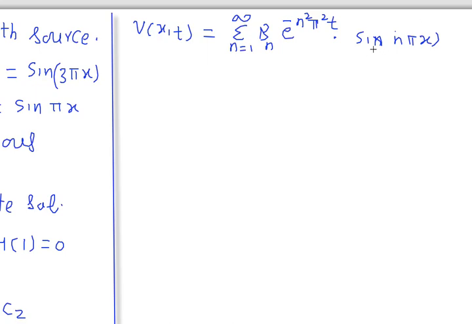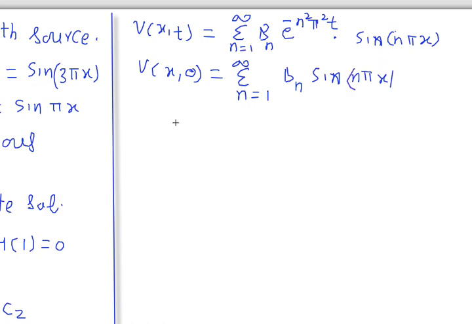Okay, so by using the initial condition v(x,0), by putting t equal to 0, the exponential becomes 1, and we get a Fourier sine series.